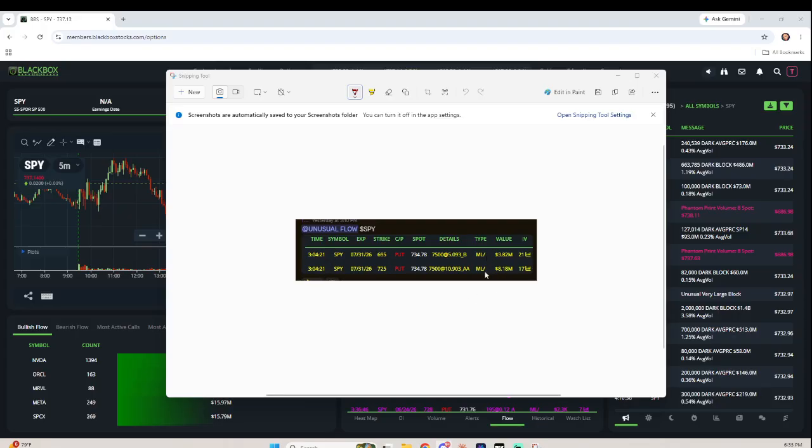It's the same trade. Now, what did we talk about? It's the closer to the money strike was purchased and the further out of the money strike was sold. So this would be a net debit. It's a bear debit spread, right? They're buying downside on SPY. They're buying the end of July 725 puts, and then they are selling the 695 puts against it.